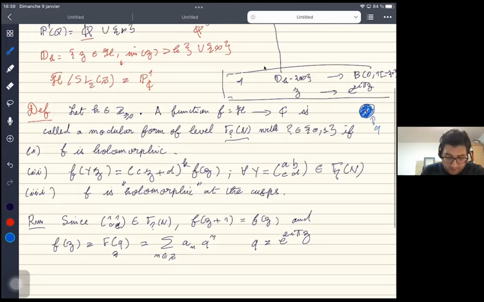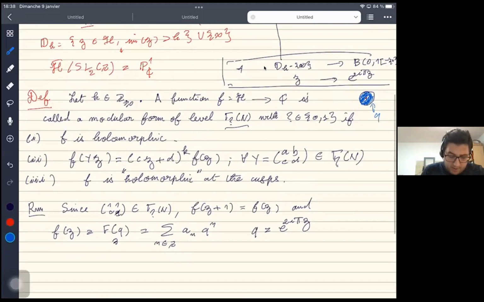Then you can check that this f is holomorphic outside 0, so you can write it as follows: it has a Laurent development. But since we impose the holomorphy condition, you can do better: n is greater or equal to 0.